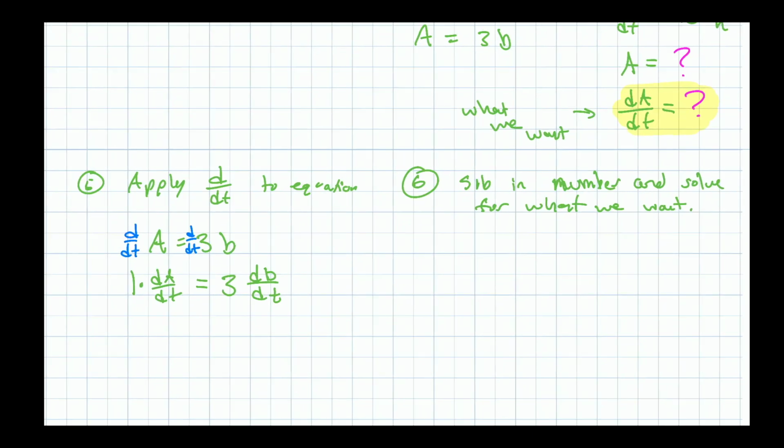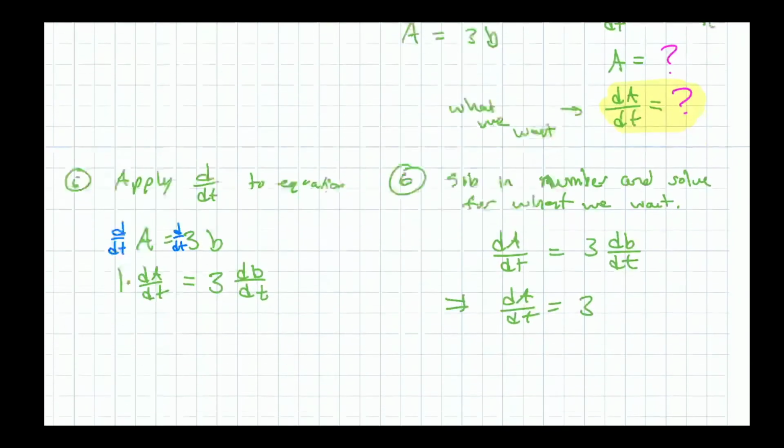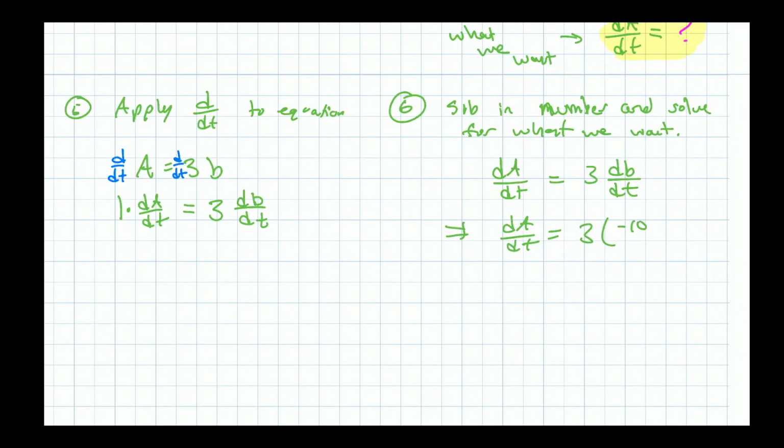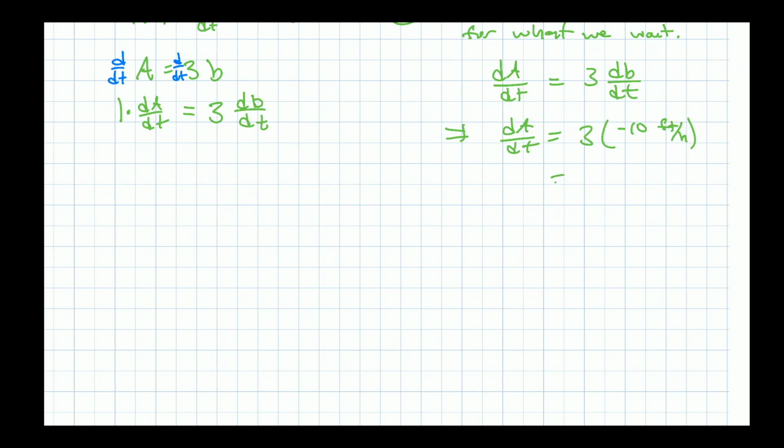All right, so what do we have? We have dA dt equals 3 dB dt, but they told us dB dt is -10 feet per hour. So what is it? -30 feet per hour.